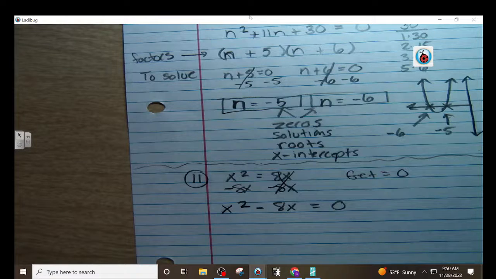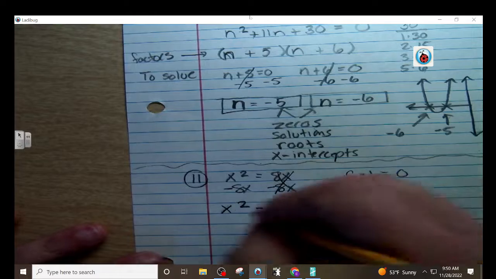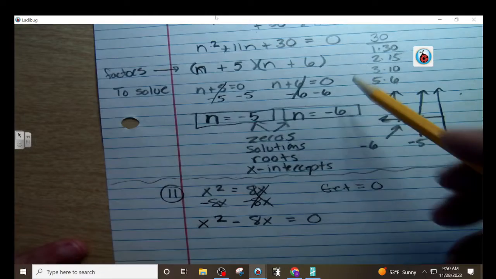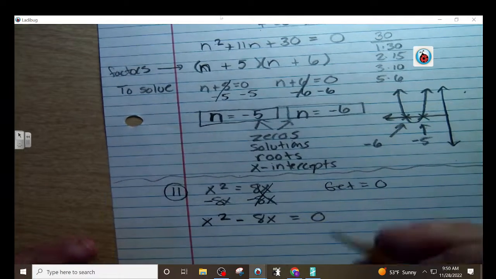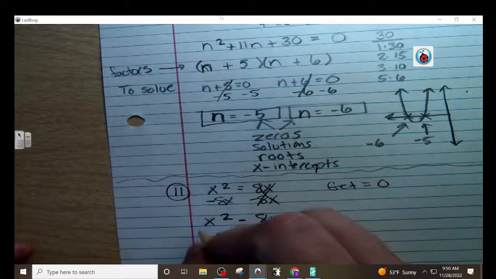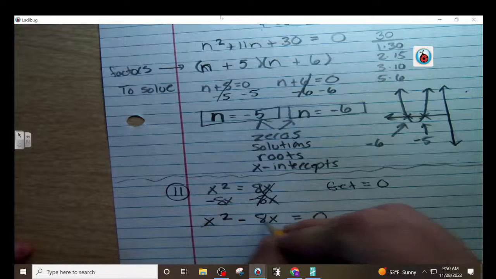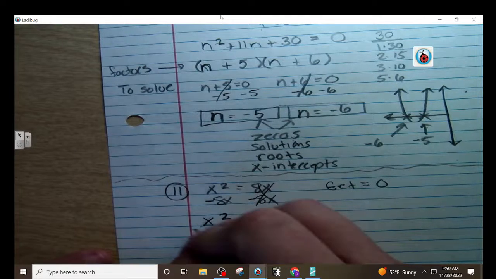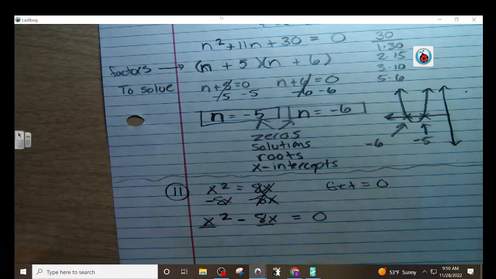Okay, so if you're solving them, you're getting the x-intercepts. Now, guys, we can't factor this like we did up here because we were missing a term. So if you've got a binomial, what you want to do is see if you can factor a GCF out of it. Well, if you look, you've got an x in both your terms. So that means I do have a GCF.